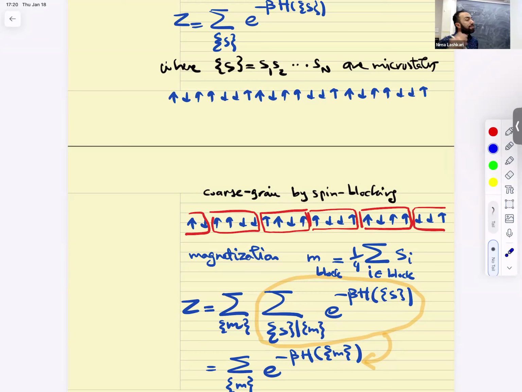Now, after one step of this resummation, your partition function is a sum over all configurations of magnetization, and then there's a second sum, which sums over all microstates of a particular magnetization. So I split it into a double sum. Good?